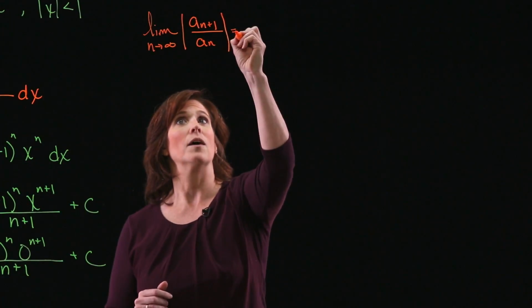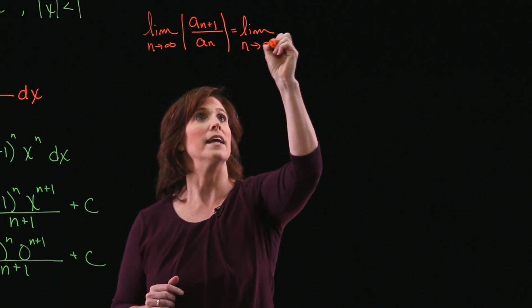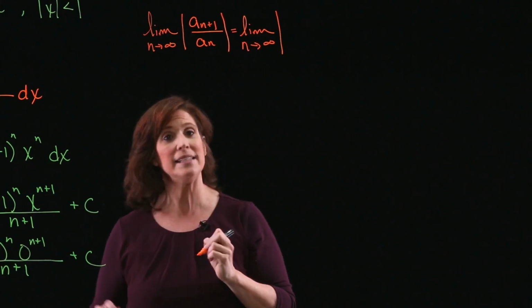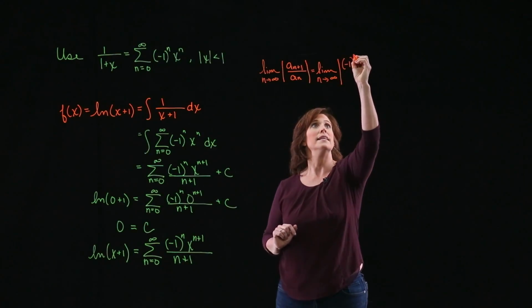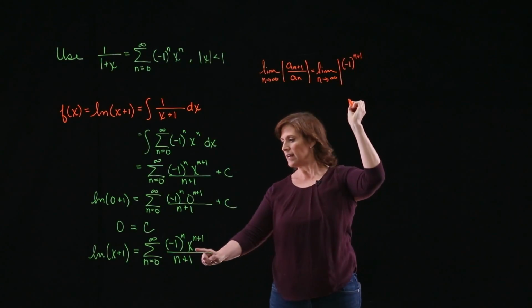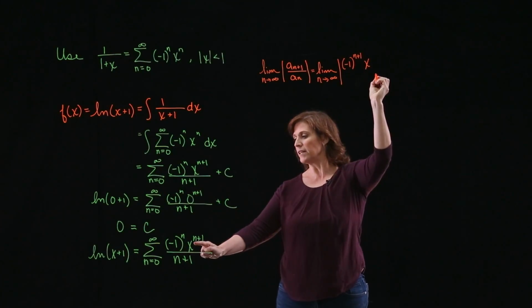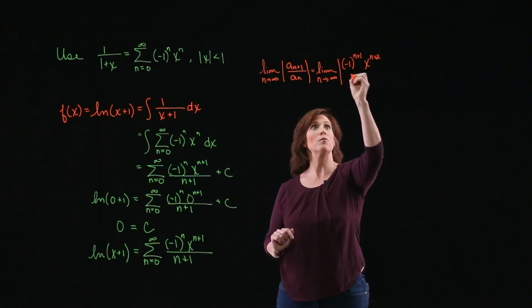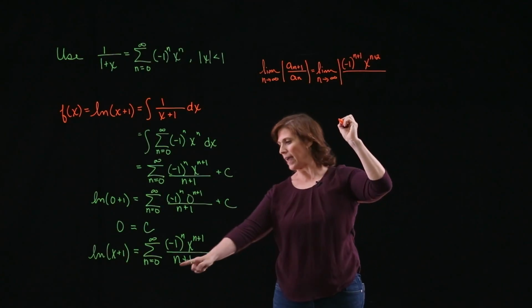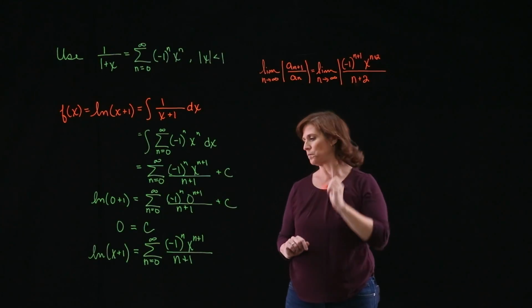So we've got the limit as n approaches infinity of the absolute value of a sub n plus 1, which is minus 1 to the n plus 1 times x to the n plus 2 power, divided by n plus 2.